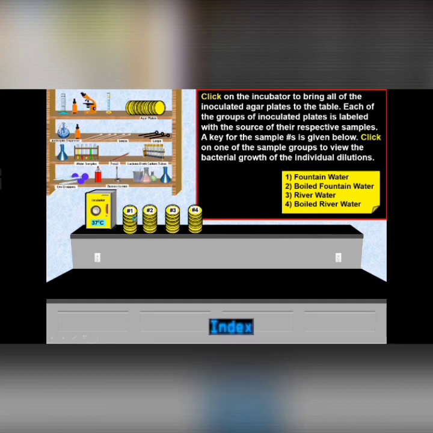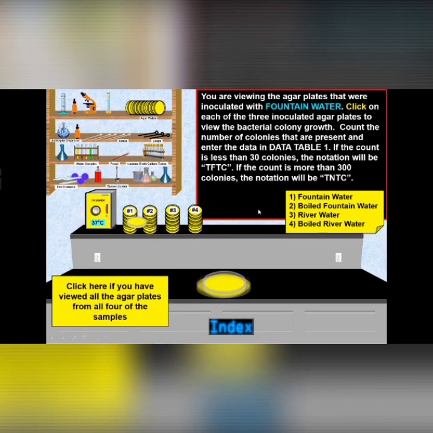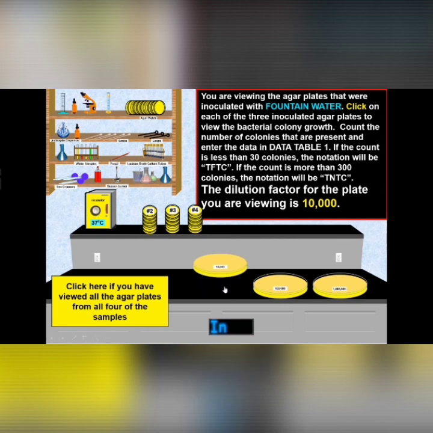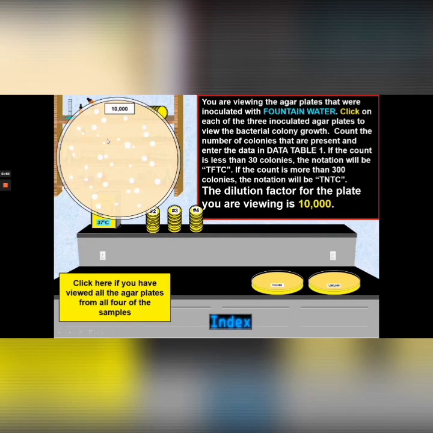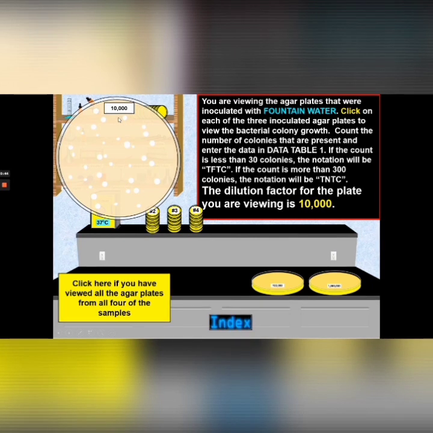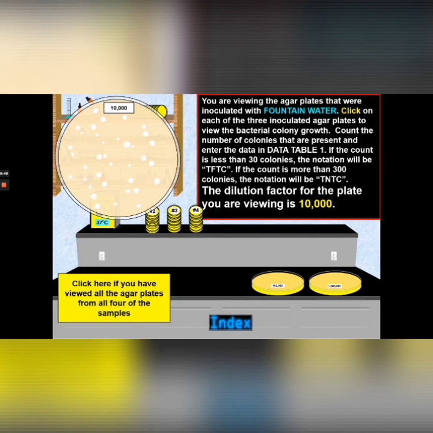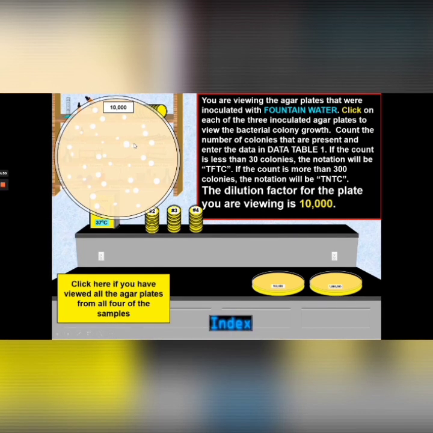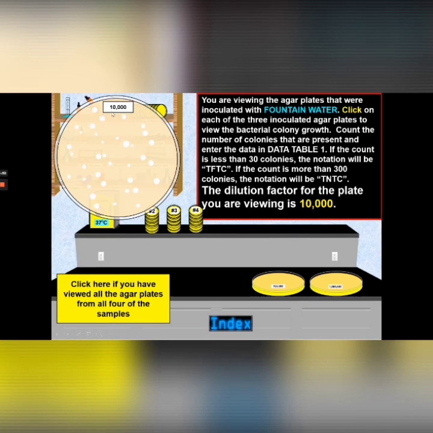Let's click number 1, which is the fountain water, to see the colonies on the plate. Here we go. You can see the colonies for the 1/10,000 dilution. The dilution factor for the plate that we are viewing is 10,000.